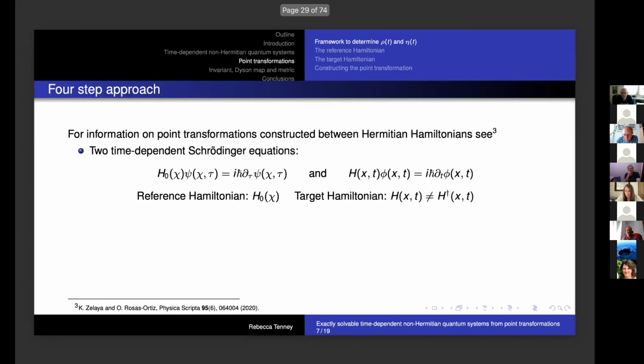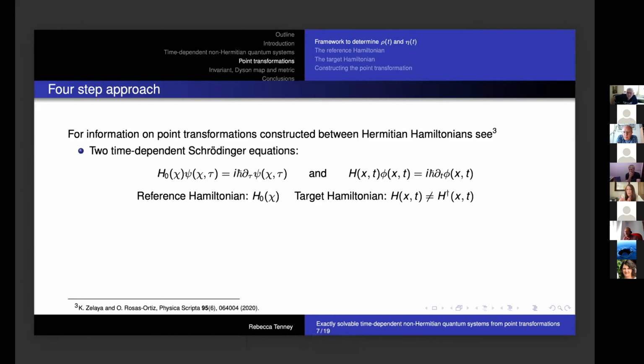What is transformed are the equations. Schrodinger equation goes to Schrodinger equation with the new one. So you have to take into account also the partial derivative with respect to time that changes with the point transformation. So equations transform into equations, but Hamiltonians, I think, don't transform into Hamiltonians.